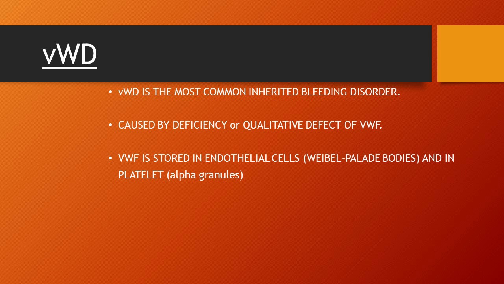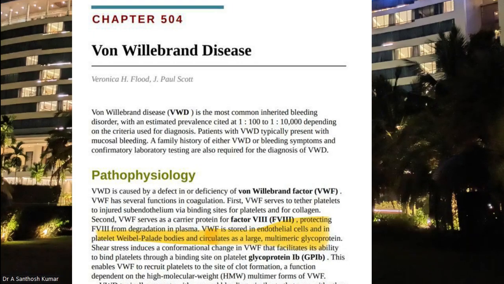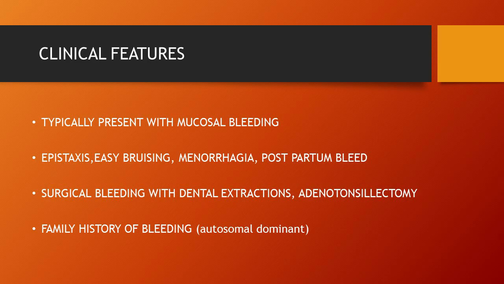These Weibel-Palade bodies are actually within the endothelium and not within the platelet. In this regard, what is given in the present edition of Nelson is possibly an error, because in basic medical subjects we have all learned that these Weibel-Palade bodies are there within the endothelium and not within the platelet. Within the platelet you have alpha granules, dense granules or delta granules, etc., not these bodies.